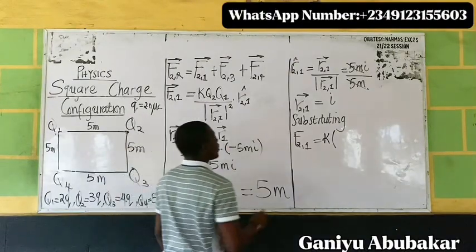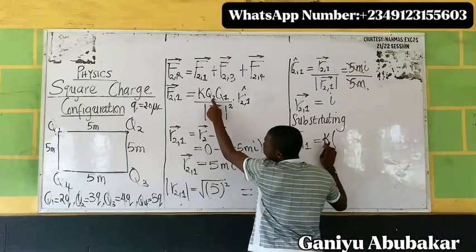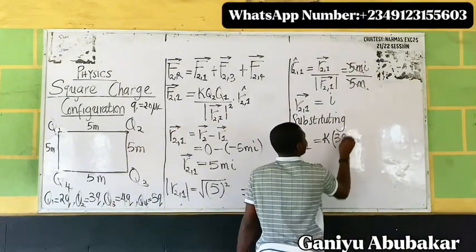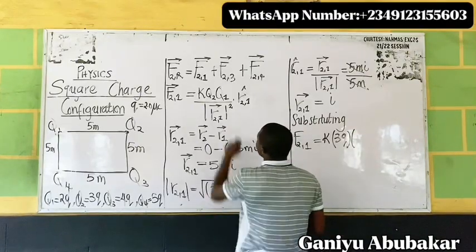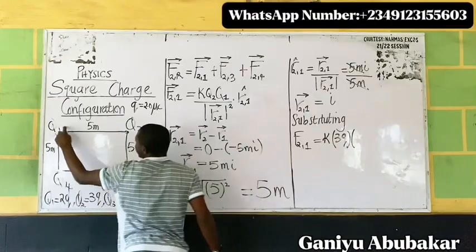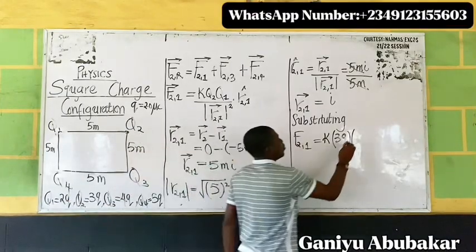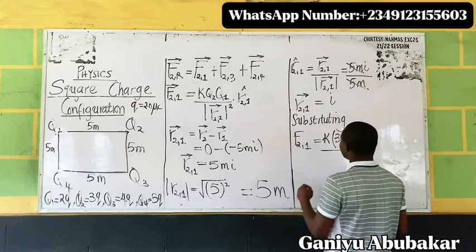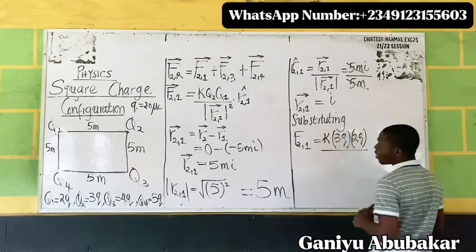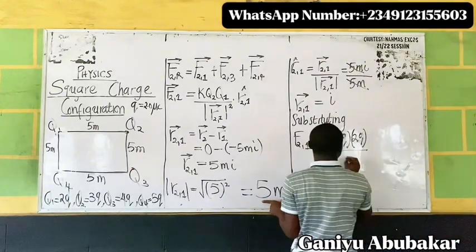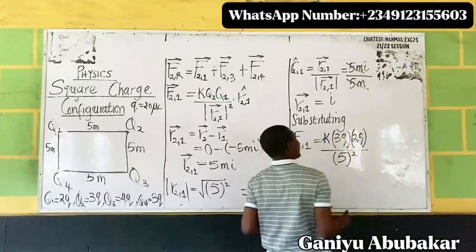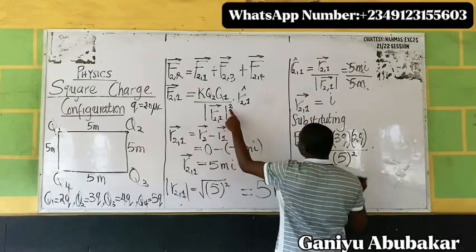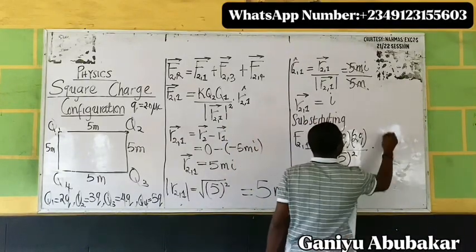Capital Q2 is 3Q, so I have 3Q into Q1. Q1 is 2Q, all over the magnitude of R12, which is 5 meters, all squared, dot unit vector of R12, which is i.